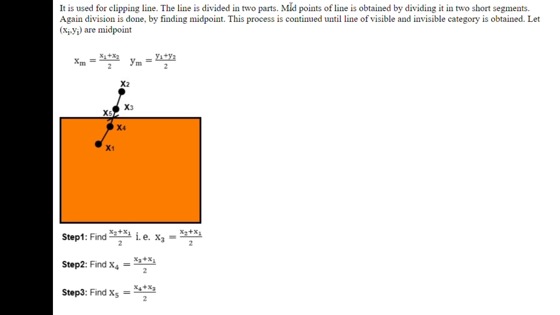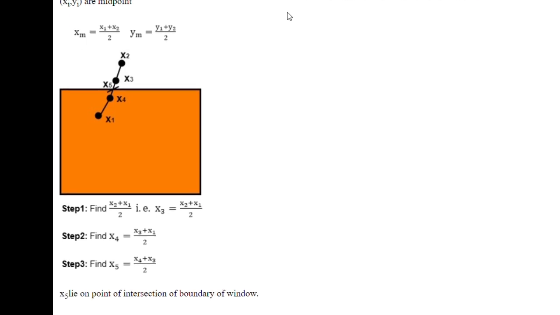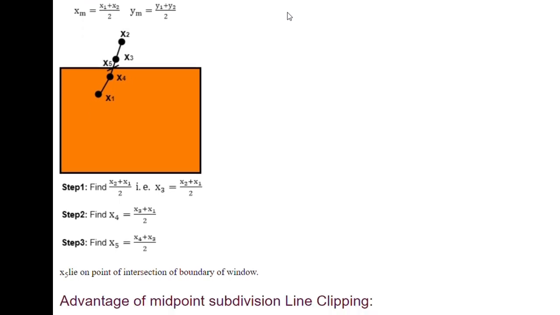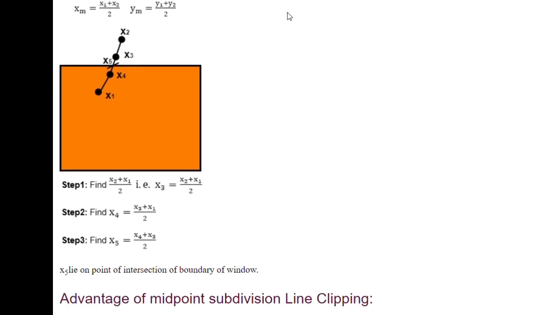So it's given xm equals to (x1 plus x2) divided by 2 and ym equals to (y1 plus y2) divided by 2.